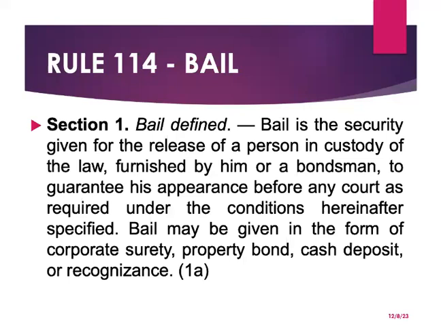Bail is not granted to prevent the accused from committing additional crimes. The purpose of bail is to guarantee that he will appear in the hearing, during trial. That is the purpose of bail: to guarantee his appearance before any court as required under the conditions hereinafter specified.